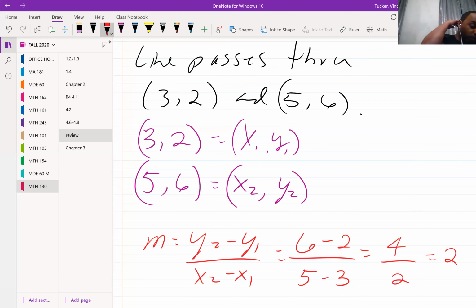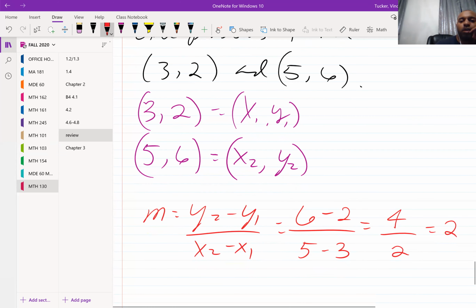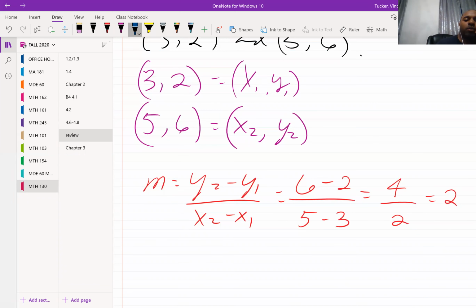That ends up giving me 2 as a slope. Everybody okay? So now we'll go to our point slope formula.